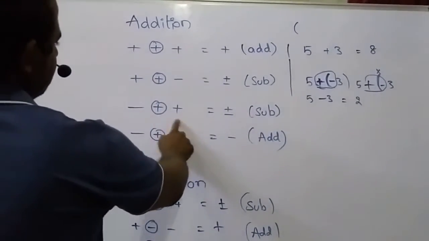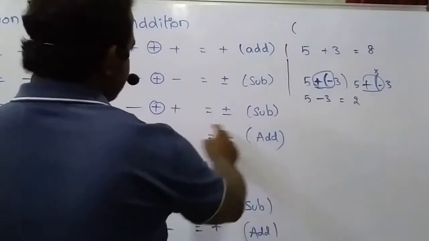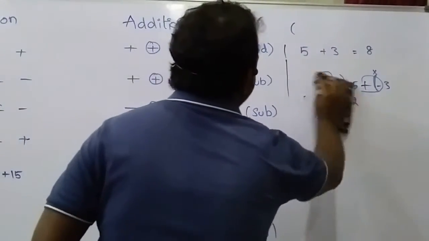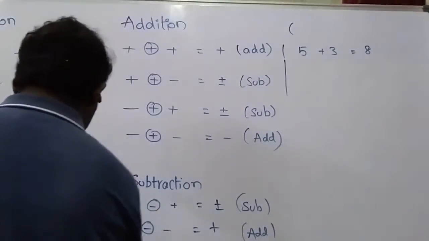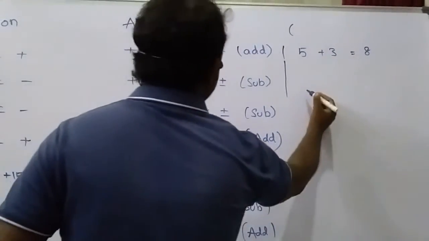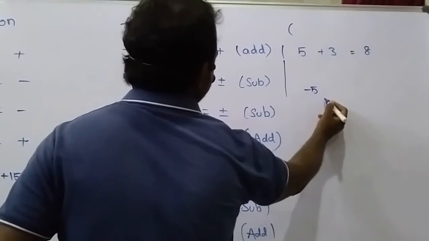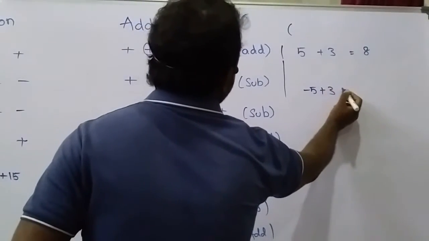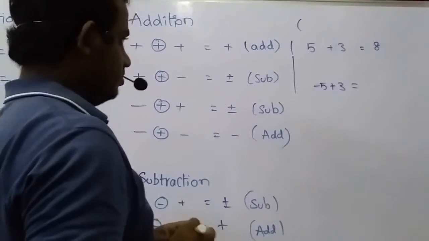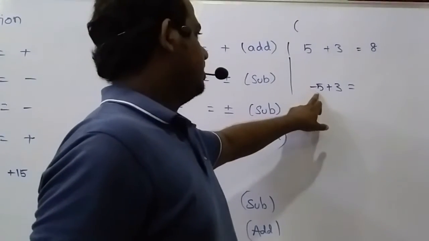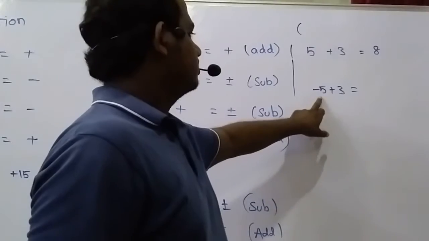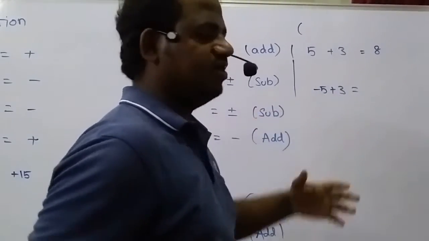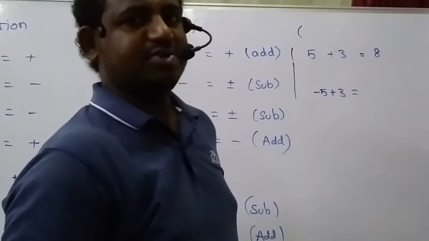You may come across this kind of mathematical expression, then how will you solve it? Suppose we are doing it like this, how will you solve? So one negative number plus one positive number. In this case the two numbers are involved in either addition or subtraction.